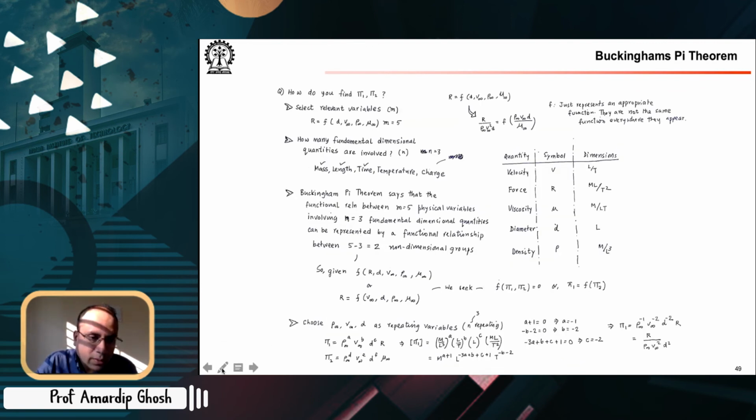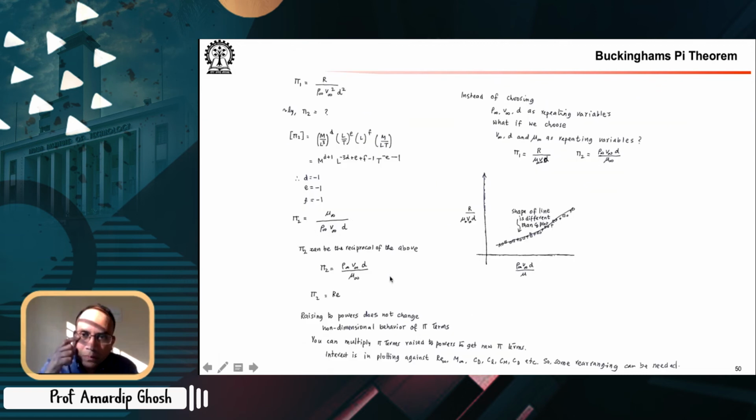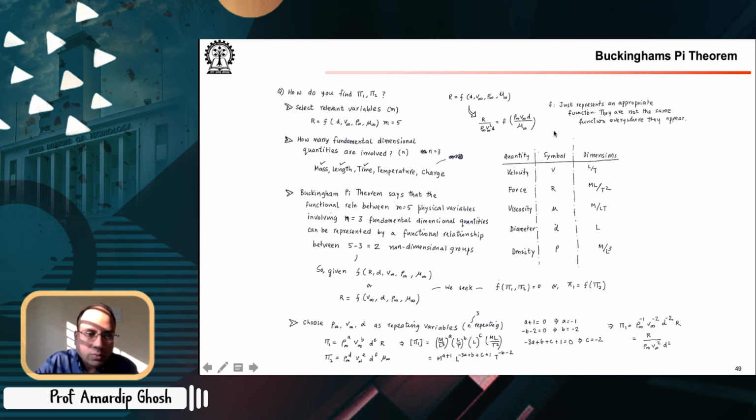So instead of choosing rho, V, and D as the repeating variables, what if we choose V, D, and mu? In this particular problem, we have chosen rho, V, and D as the repeating variables.